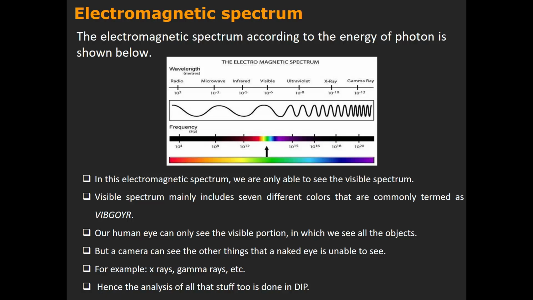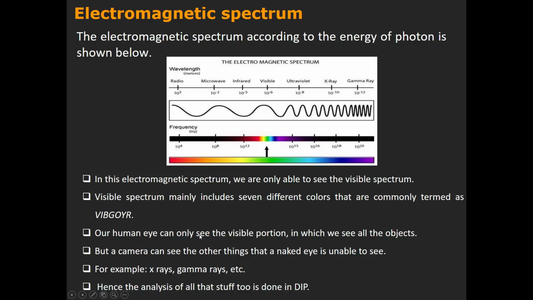Now this shows an electromagnetic spectrum. The electromagnetic spectrum according to the energy of photons is shown in this figure. In this electromagnetic spectrum we are only able to see the visible spectrum. The visible spectrum mainly includes 7 different colors, commonly termed as VIBGYOR.